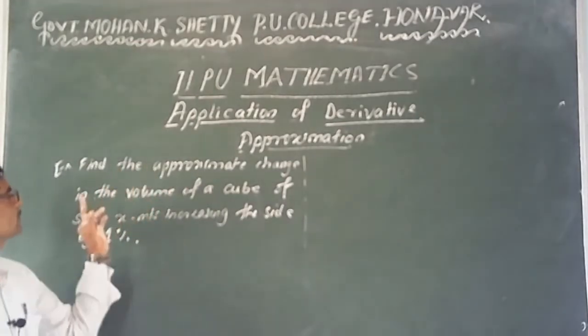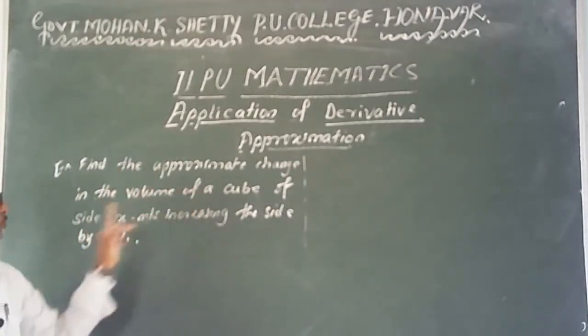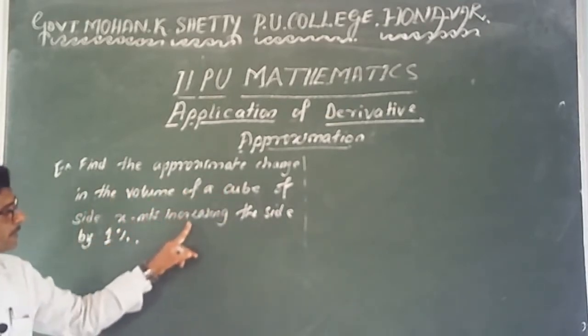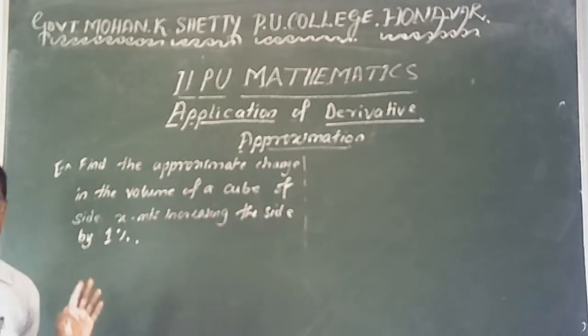Find the approximate change in the volume of a cube of side x meters, increasing the side by 1%.